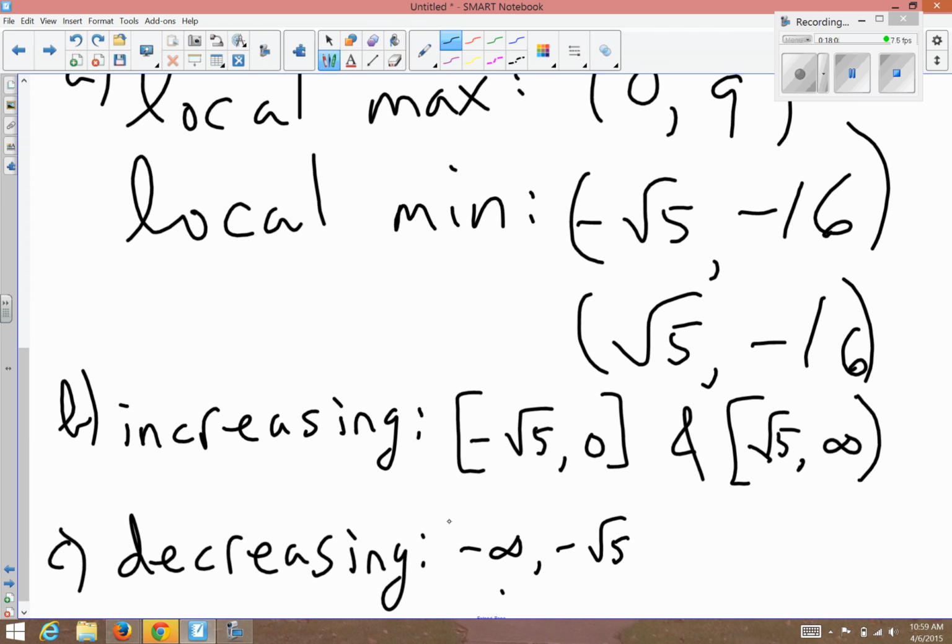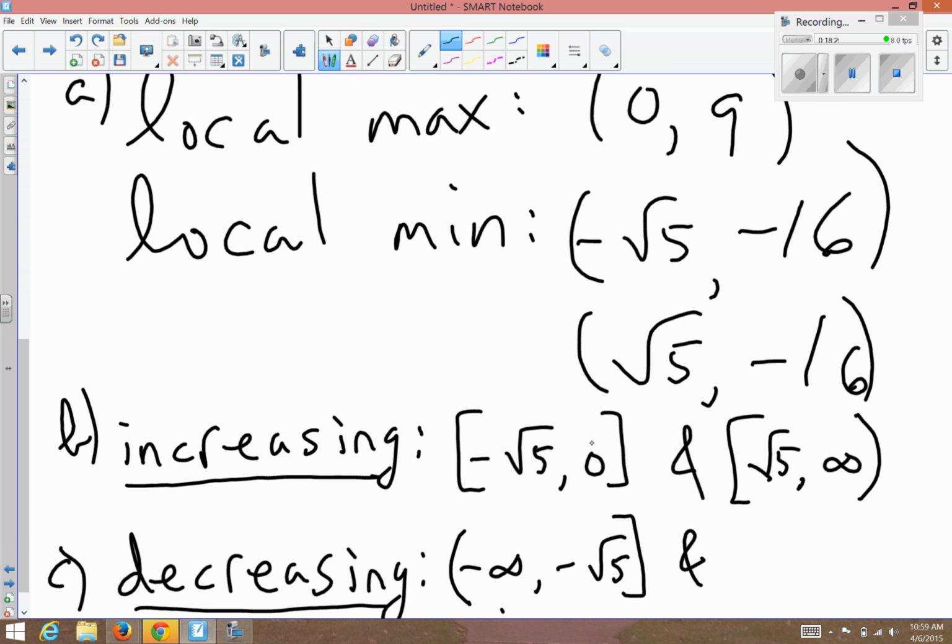And negative infinity always gets rounded. And ironically, we put square on this also. We say that at negative radical 5, the function is doing two things at once, multitasking. The function is increasing and decreasing at the same time at the number negative radical 5.